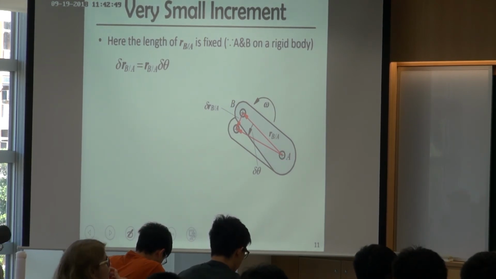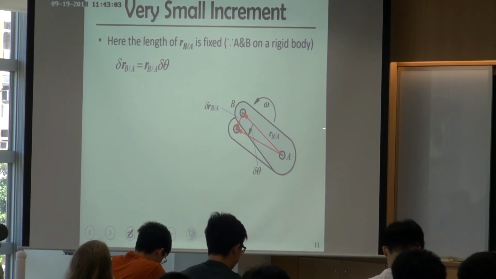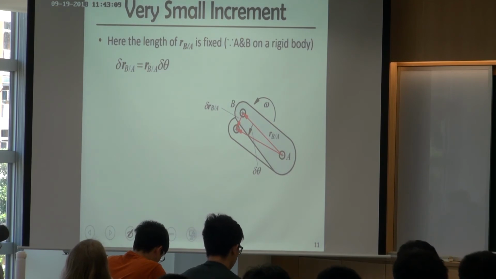In the real case, if you see it globally, this bar may move in the XY coordinate. But right now we are considering the relative displacement and relative velocity, so we see this problem as A fixed and B rotating. In the real mechanism, it may move anywhere along the XY plane.